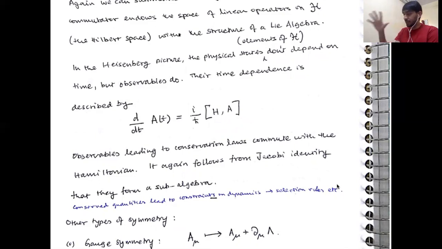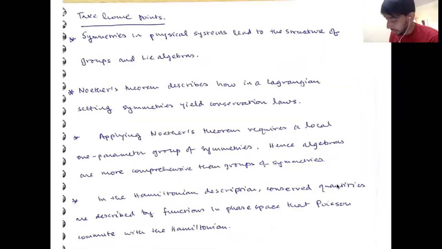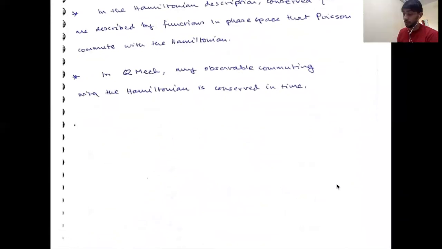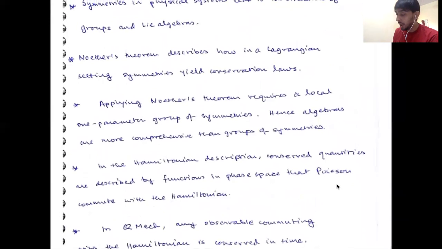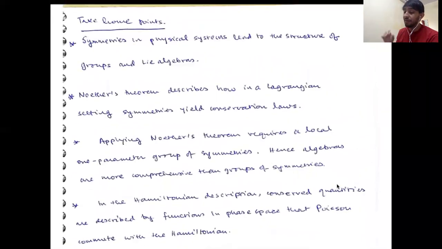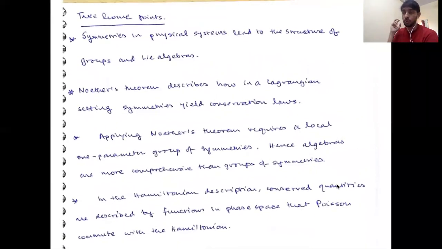So that was the idea for the class today, and I will not belabor this point anymore. But it's very apparent for us now that it's very important for us to try and understand and build up the blocks of group theory, and from there Lie groups and Lie algebras, which are the things that we really want to be looking at.